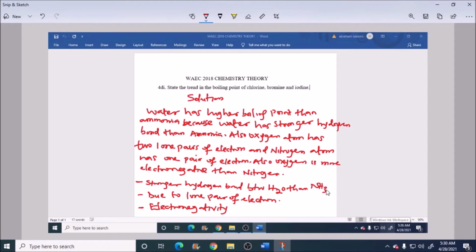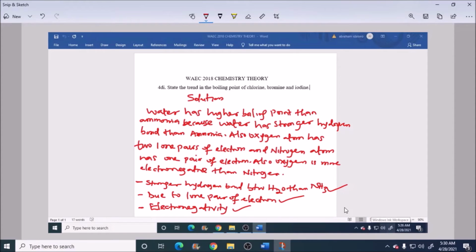So this is just a summary of what we discussed above. So number 1 and number 2. We say that water has higher boiling point than ammonia because water has stronger hydrogen bond than ammonia. Also, oxygen atom has 2 lone pairs of electrons and nitrogen atom has 1 pair of electrons.